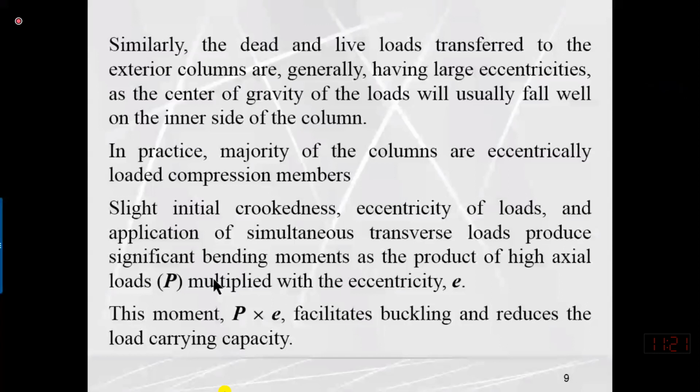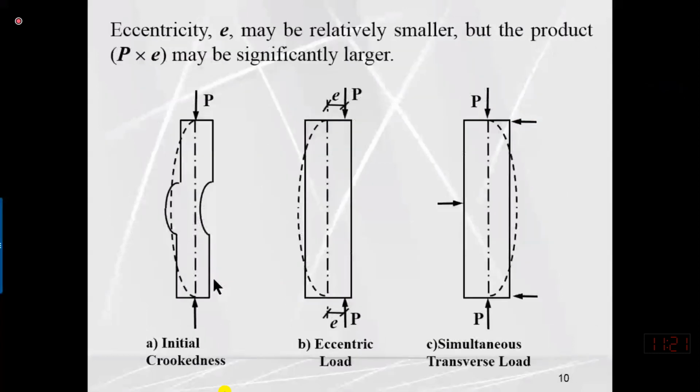Here you can read out this slide, but I will explain from here. So we might have extra bending moment or eccentricity in a column due to three reasons. Number one reason is that the member is initially bent in the lateral direction or initially crooked. So this is the theoretical center line, and this is supposed to be the actual center line.